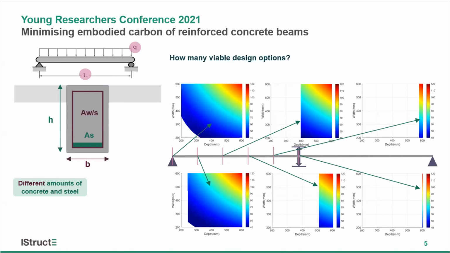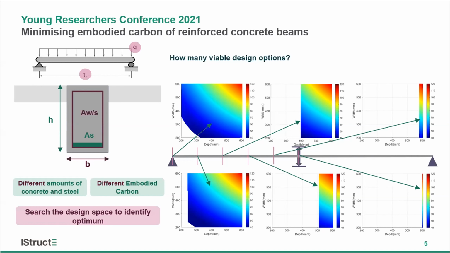Each of these designs will have a different amount of concrete and steel. That means a different amount of embodied carbon. Therefore, searching in this design space would potentially identify the design with minimum possible embodied carbon for the selected design criteria. So this is the basis of the optimization algorithms I have developed in my study.